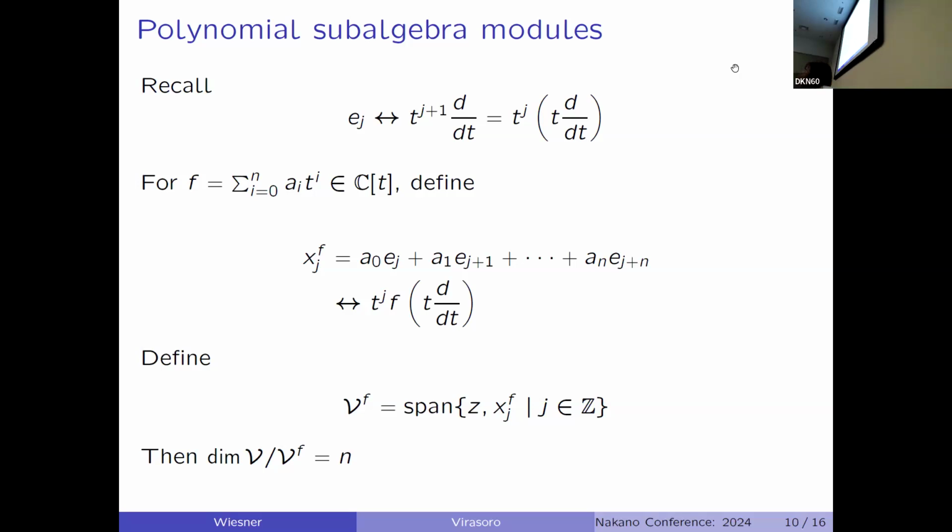I guess similar to that question, is there some type of PBW resolution in these contexts, like for example in the setting of these Virasoro algebras, for Whittaker modules?